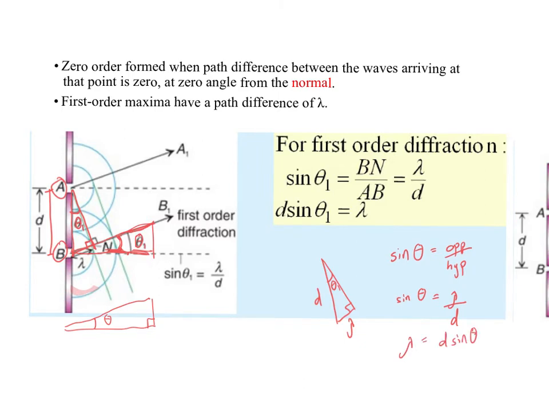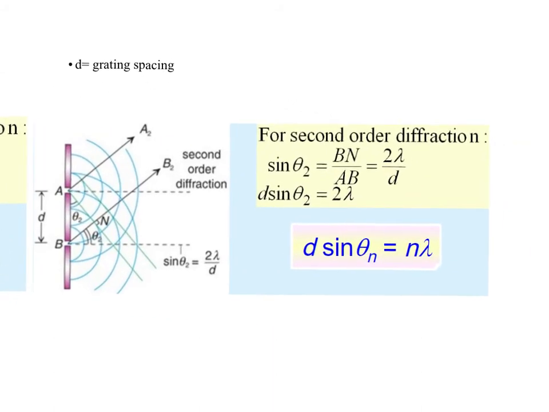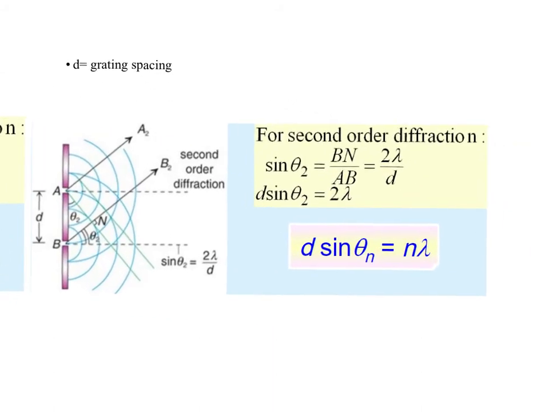However, this is just for the first order diffraction. If I consider the second order diffraction, then I can see that the wave coming from B is 2 wavelengths ahead of A. It has a path difference of 2 lambda.